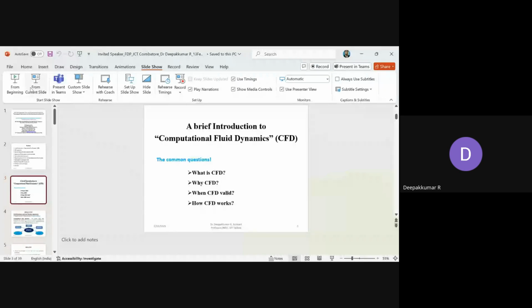Now my screen is not visible. Could you please update the current status? Now showing your screen, sir. Yeah, my screen is visible now.